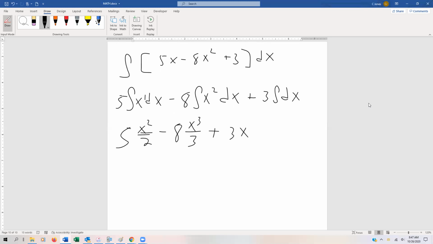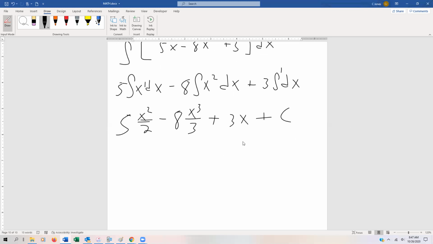Think of this as a 1 in here, 1 dx, plus c. And finally, if we chose to, we could write this as 5/2 x squared minus 8/3 x cubed plus 3x plus c.